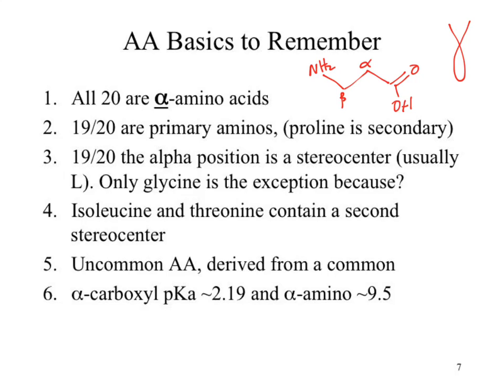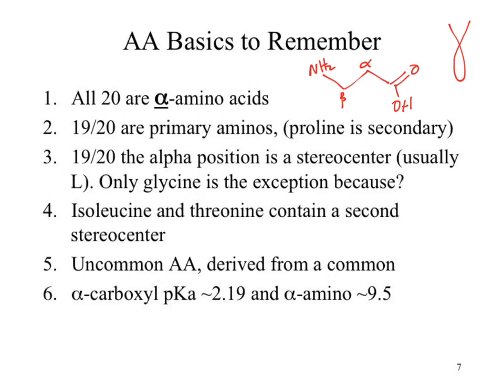Isoleucine and threonine contain a second stereocenter. The natural question that would come out of that would be, what's the stereocenter, R or S? I won't ask that, but that just happened to be my natural response. There's no point in making you go through that again.